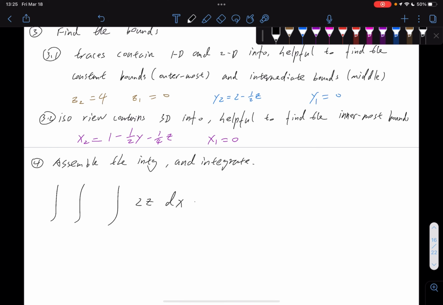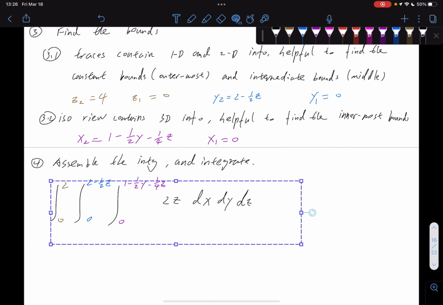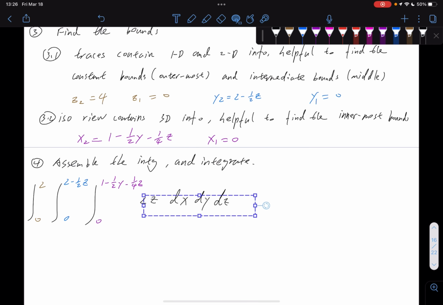So z1 is 0, z2 is 4, y1 is 0, y2 is 2 minus 1/2 z, and then x1 is 0, and x2 is 1 minus 1/2 y minus 1/4 z. All right, let's go ahead and chuck this integral away.